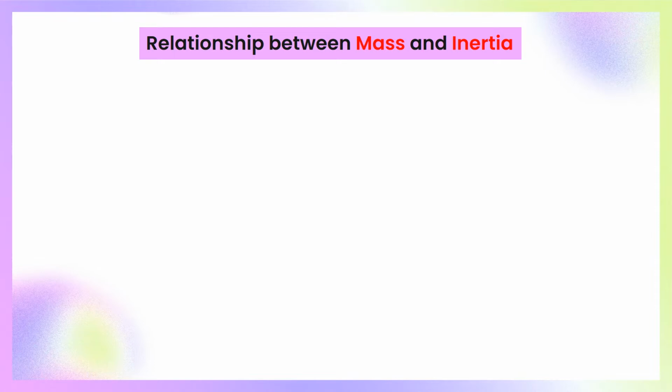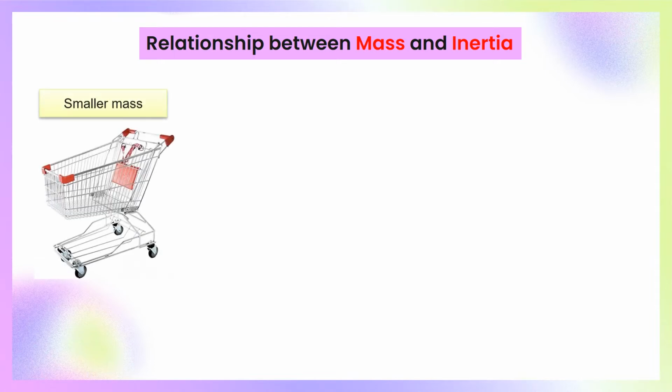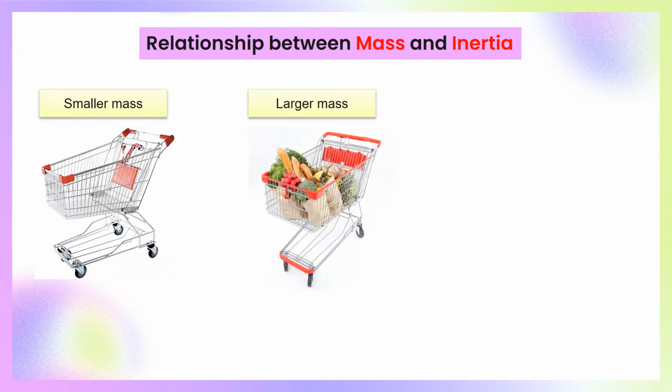After we talk about inertia, now we are going to look at the relationship between the mass and the inertia. So, this is an empty trolley, and the other one is the trolley full with groceries, where the empty trolley has smaller mass than the one with groceries.